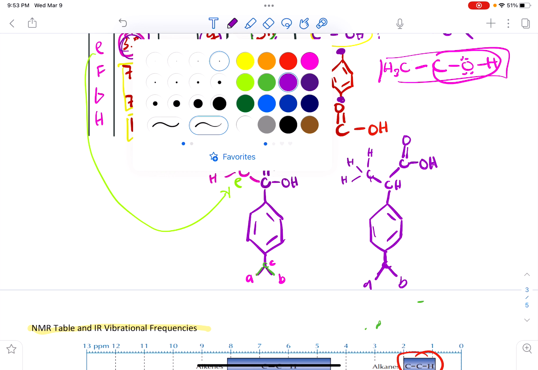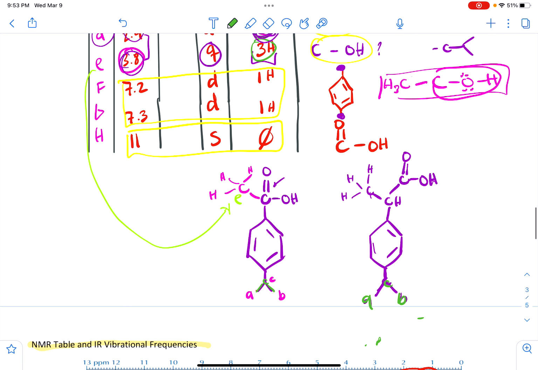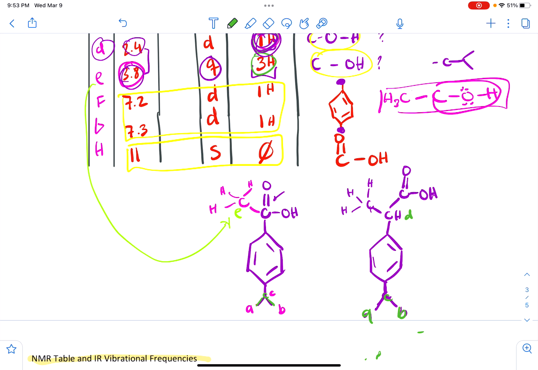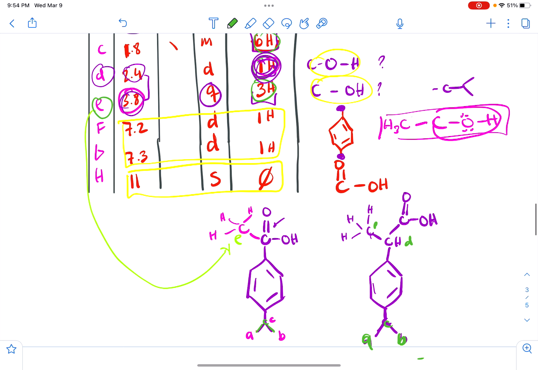And so I can kind of just letter these again as A, B, C, and then we have D right here, or I'm sorry, hydrogen regions. I'm calling them carbons. They should be hydrogen regions. Hydrogen region A, hydrogen region B, hydrogen region C, D, and then this one is going to be hydrogen region E as seen here.